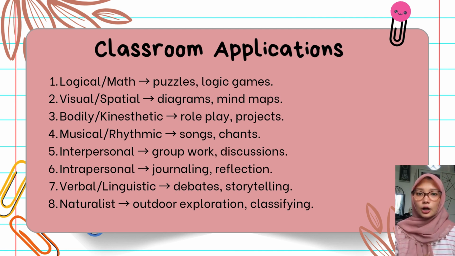Then, verbal or linguistic learners are good at debates and storytelling. Finally, naturalist learners learn best through outdoor exploration and classifying things in nature. So every type of intelligence can be supported through suitable classroom activities.